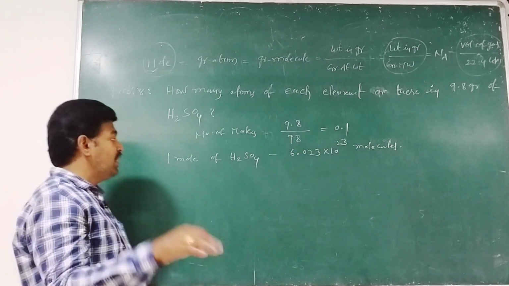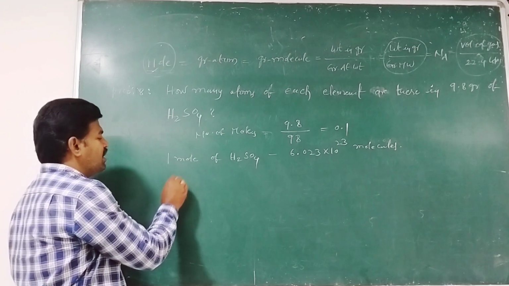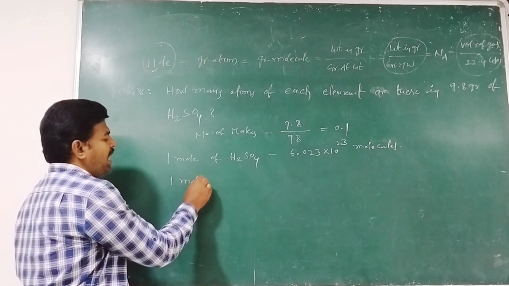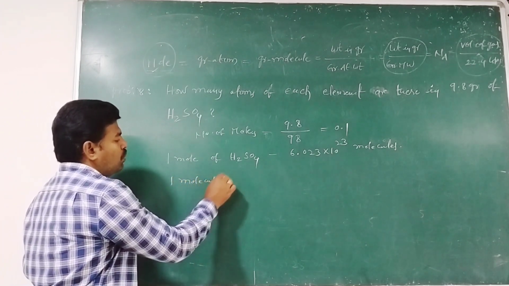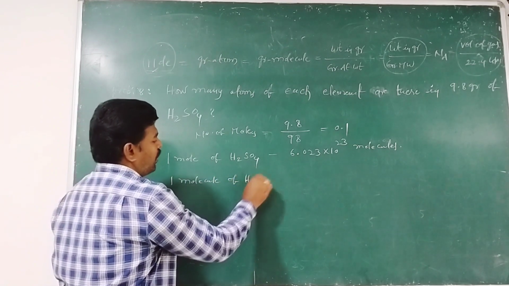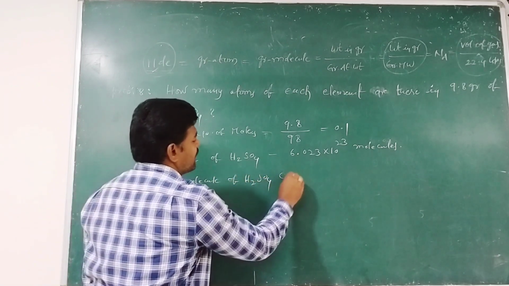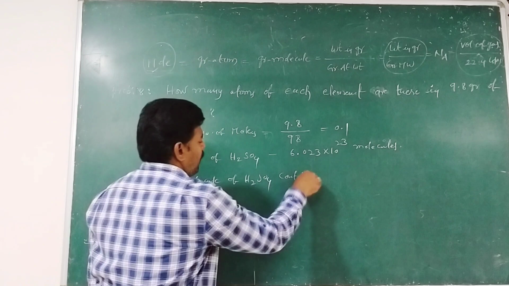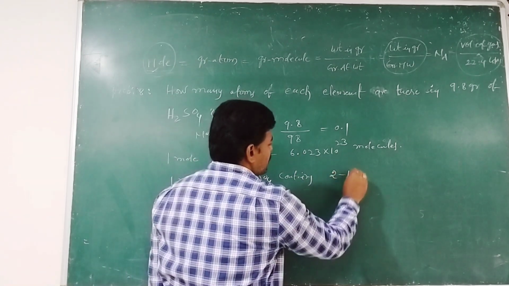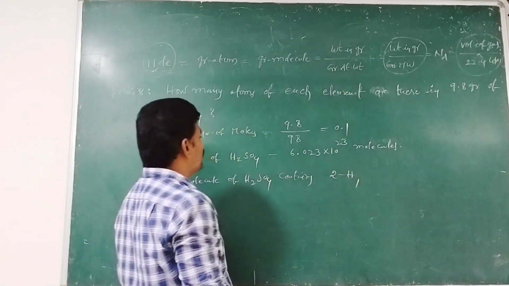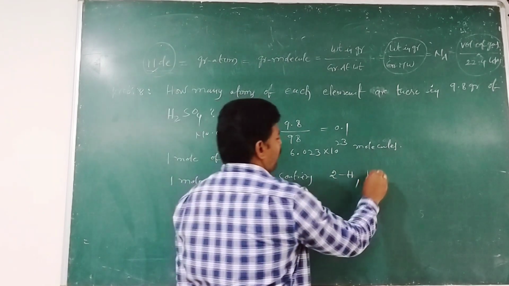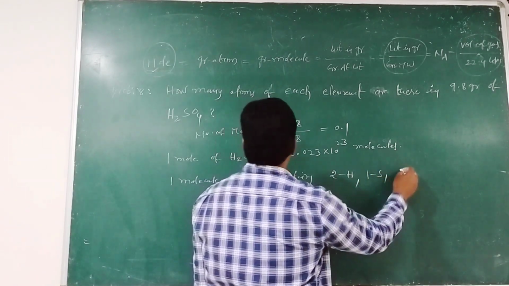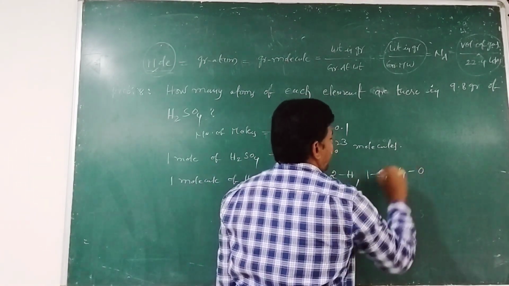One more thing to keep in mind is that 1 molecule of H2SO4 contains 2 hydrogen atoms, 1 sulfur atom and 4 oxygen atoms.